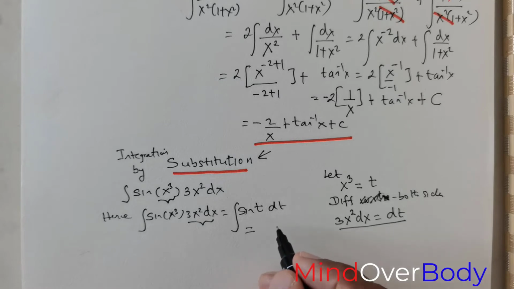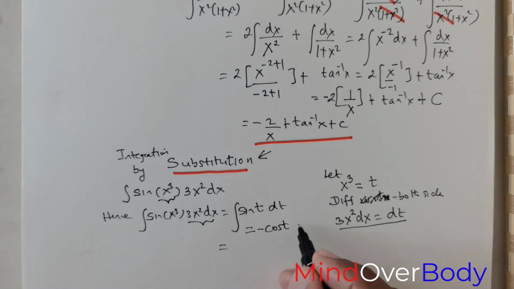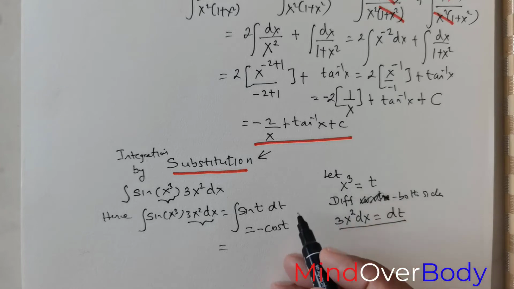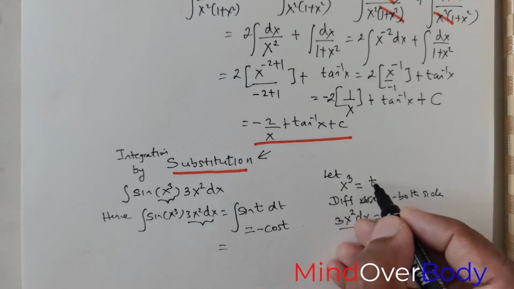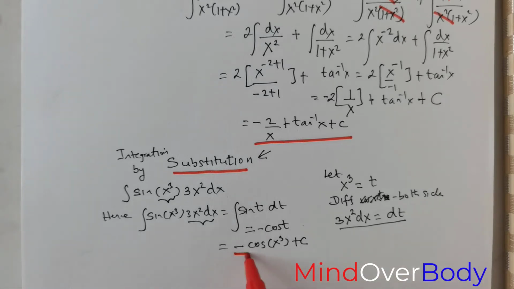What is integral sine t dt? It is negative cos t. But you don't have to place the arbitrary constant c here because it is still not in the original variable x. Now t is actually x cubed, so this is negative cos of x raised to the power of 3 plus c. This is the final solution for the question.